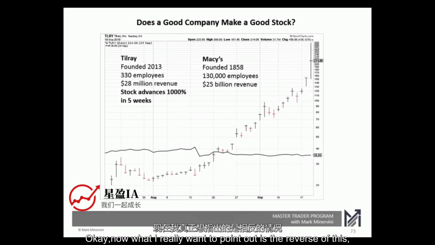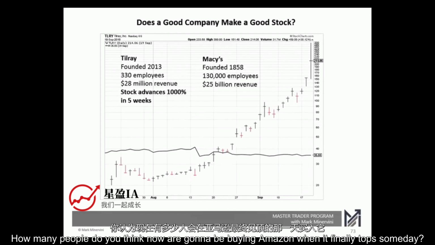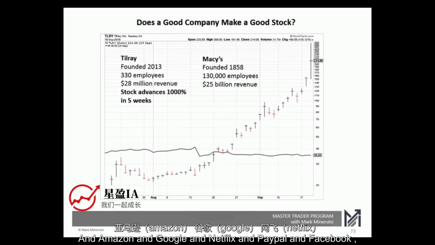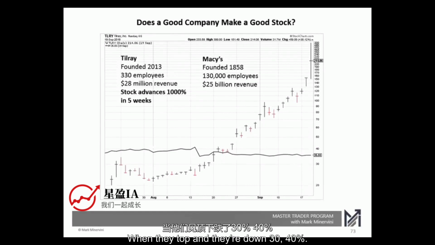Okay. So again, now what I really want to point out is the reverse of this, because so many people, and Dave, I definitely want you to chime in on this. How many people do you think are going to be buying Amazon when it finally tops someday, and Amazon and Google and Netflix and PayPal and Facebook and all these nifty 50 stocks of the new age, FANG stocks, if you will, when they top and they're down 30, 40%, how many people do you think are going to be in there buying the heck out of them, thinking they're getting a bargain, doing exactly what I showed you earlier, the broken leader?